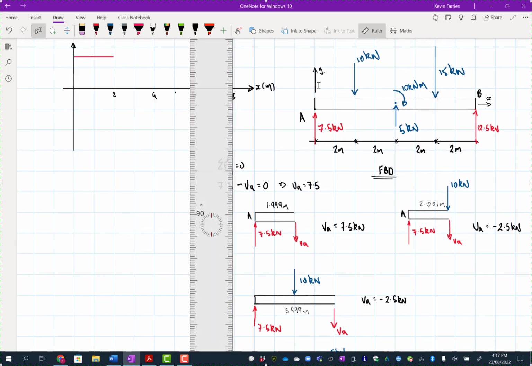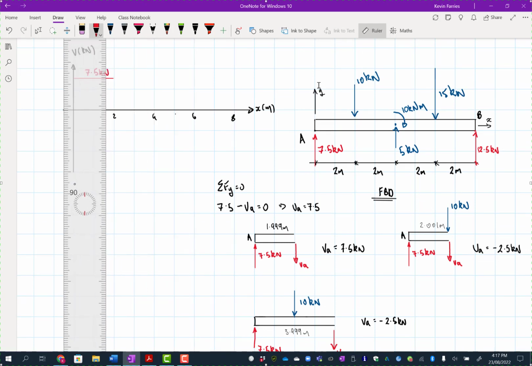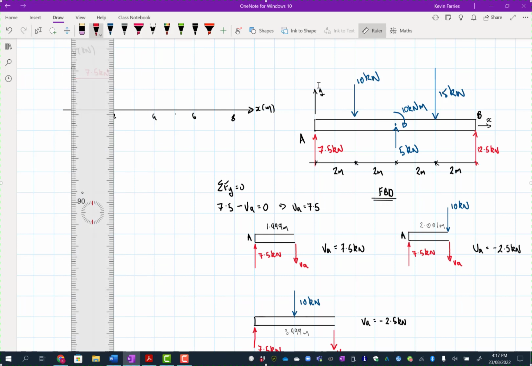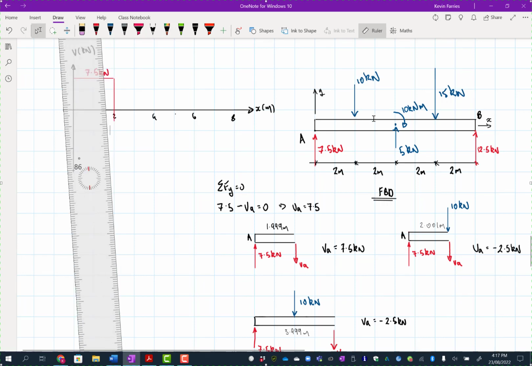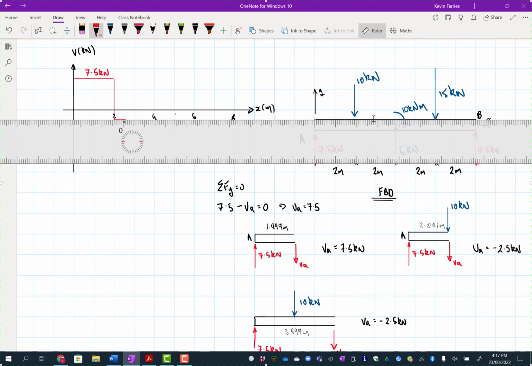And that's why you should write it on. So let's just write it on. 7.5 kilonewtons. Then we're going to go down, and we're going to take away 10 because it's going down 10. So that's going to get us to minus 2.5 kilonewtons.